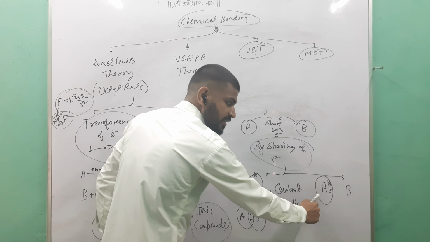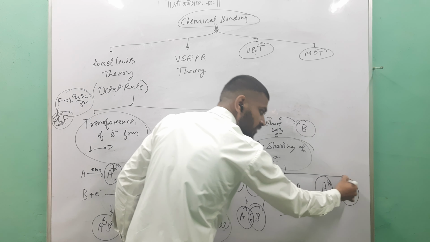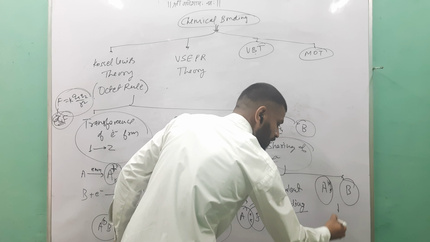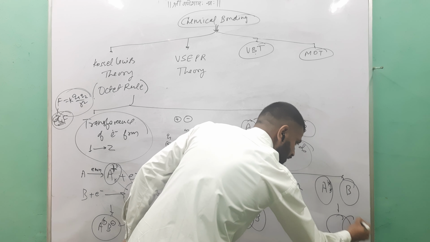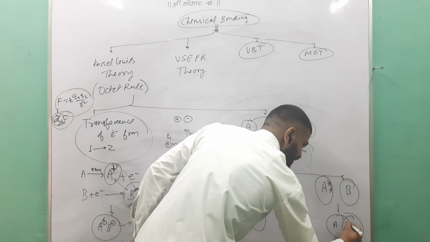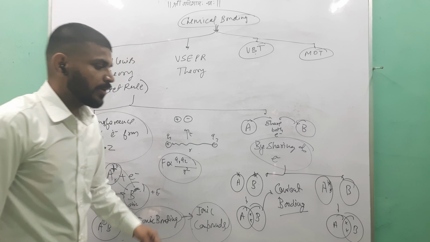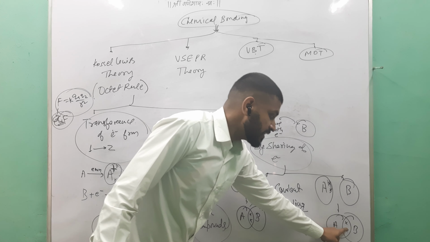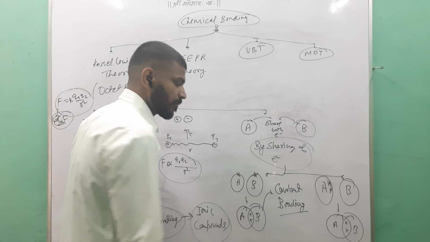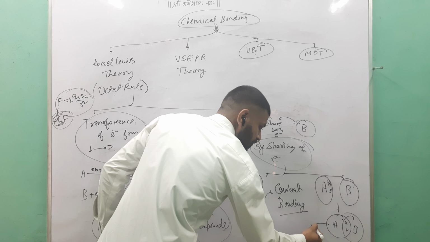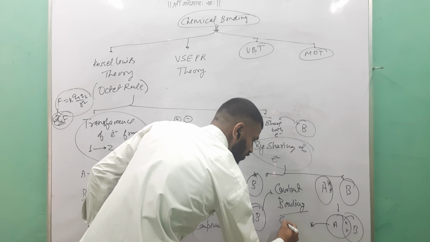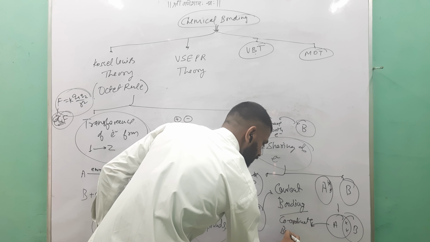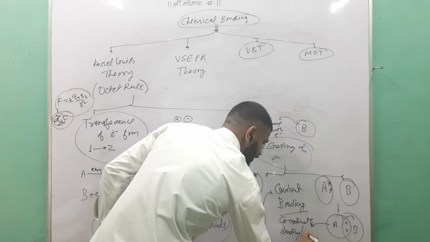Yet A is giving his chocolates and sharing them with B and making a bond, making their friendship stronger. And this kind of bond is called coordinate bonding, also known as dative bonding.